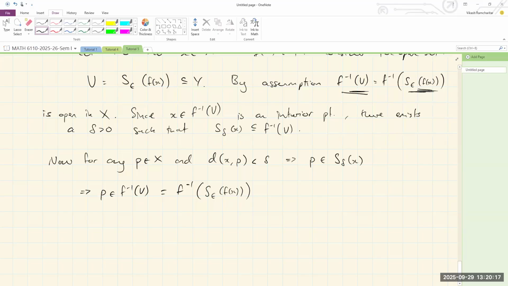So if P belongs to the preimage of that set, then by definition of what the preimage is, it means that when I apply f to this value P, I'm going to end up inside that set. That's what the preimage means.